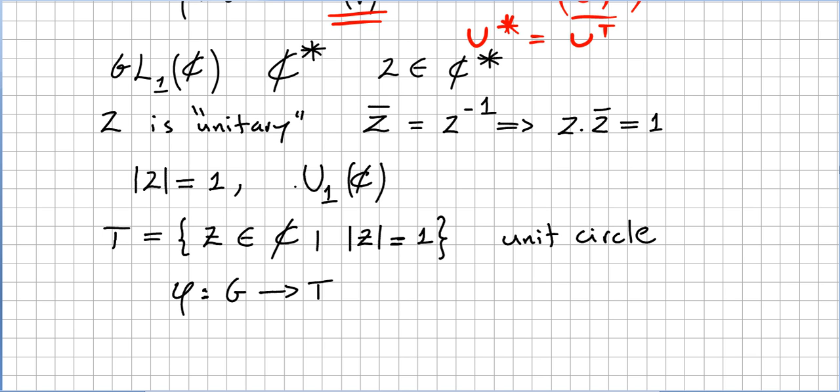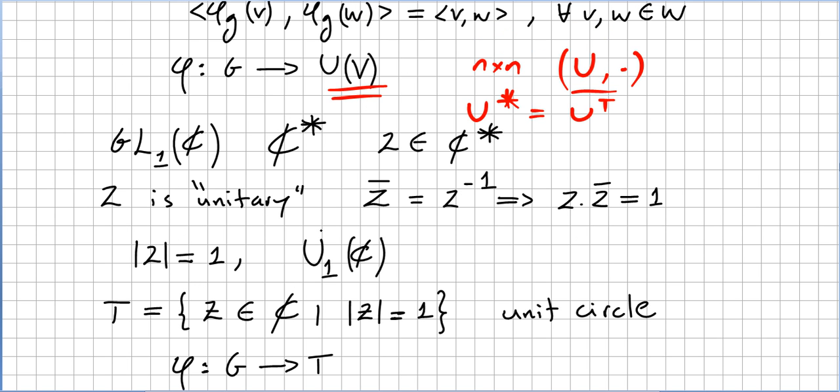If we identify this unitary group, we end up getting to the general linear group of 1 by 1, that's the same as the complex numbers without 0, right?